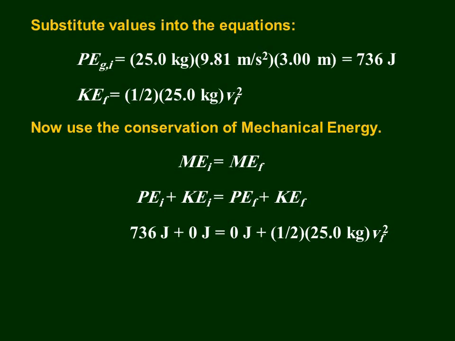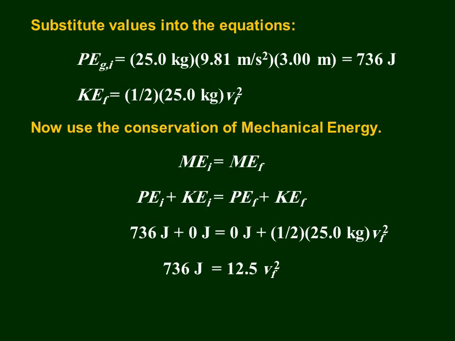Final kinetic energy equals 1/2 m times v squared, where v squared is unknown. The left hand side will be 736 joules and the right hand side will be half times 25, equal 12.5, times vf squared.